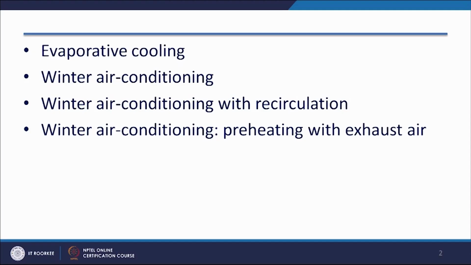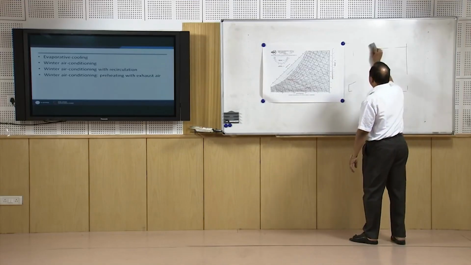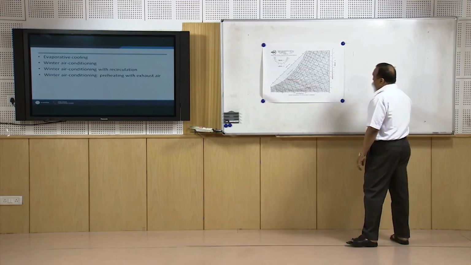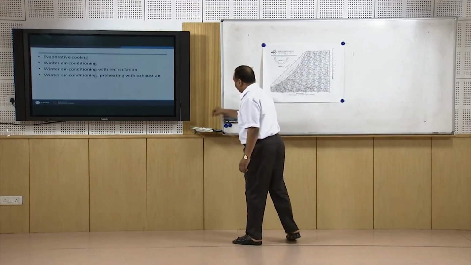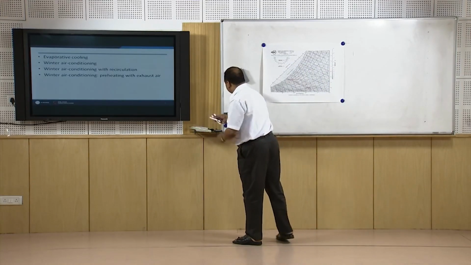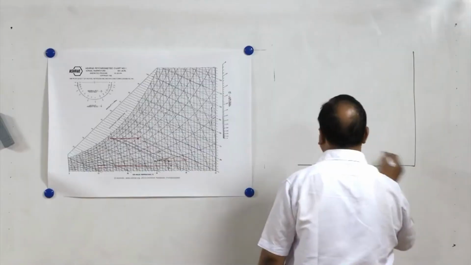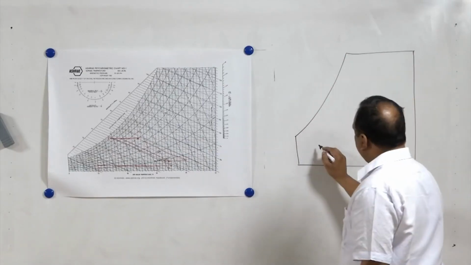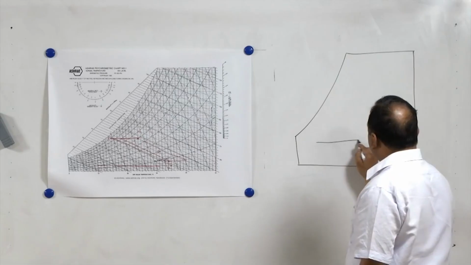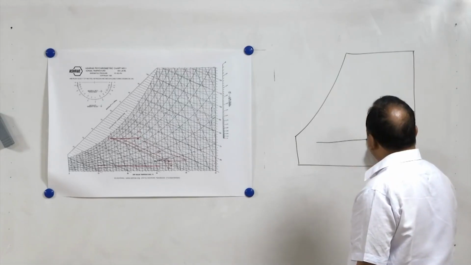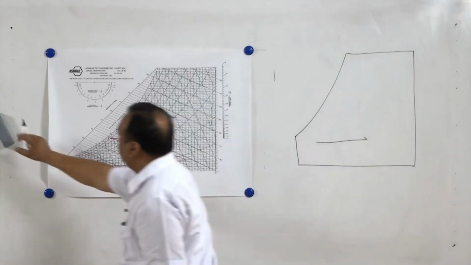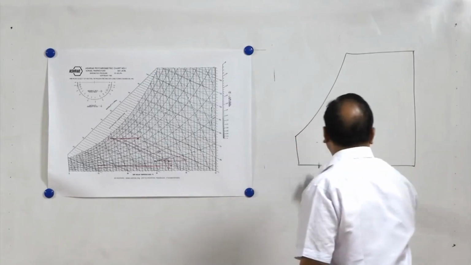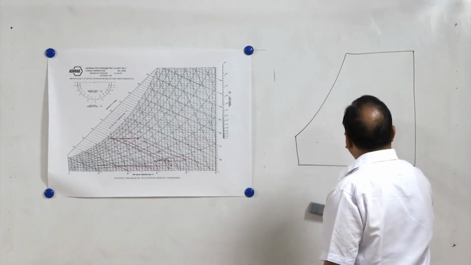Now, the last one is winter air conditioning, preheating with exhaust air. Now, exhaust air coming from the room. So, if we draw a circuit for exhaust air, winter heating, then we will start with the exhaust air because heating with exhaust air is taking place.